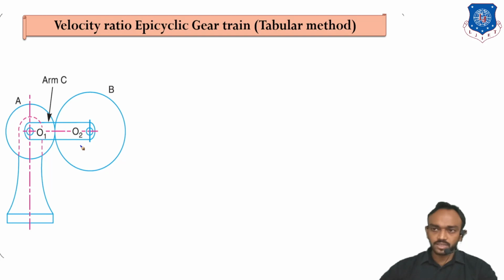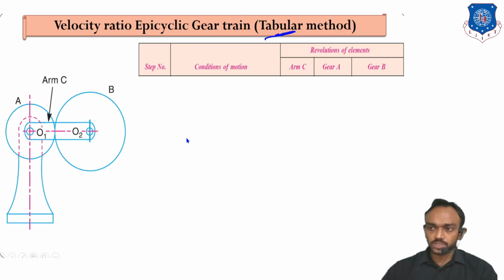We will find the velocity of A and B. So pay attention, it is a very important method, and all the numericals are based on this tabular method.